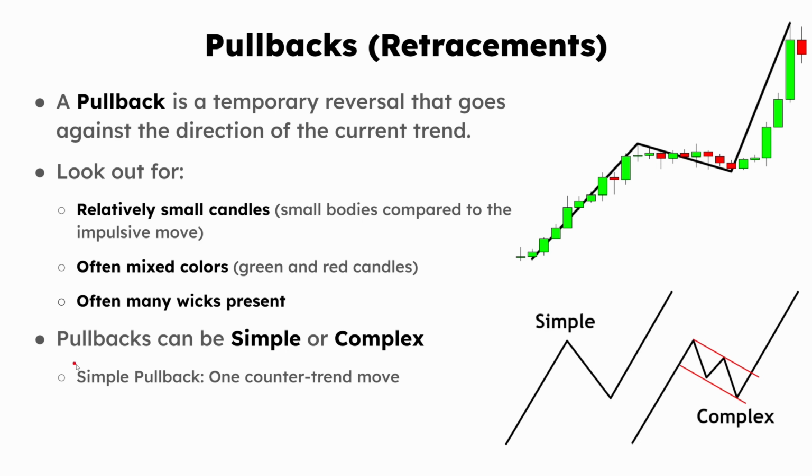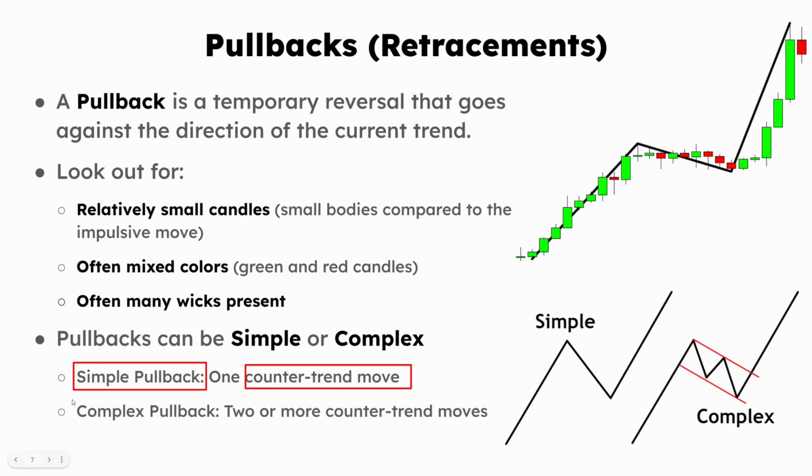So just to repeat, a simple pullback has one counter trend move, so one move that goes against the direction of the trend, while the complex pullback has two or even more counter trend moves. A complex pullback could even look something like this, where we have a structure with multiple counter trend moves.